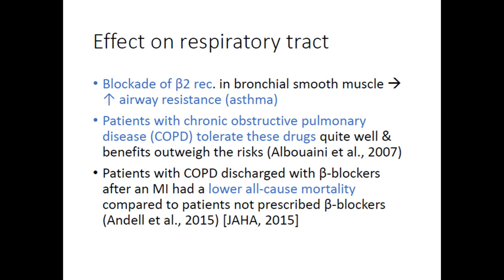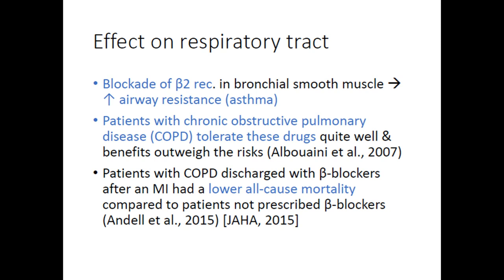Effect on the respiratory tract. If beta 2 antagonists are used, they cause the constriction of the bronchial smooth muscle and are responsible for the development of asthmatic symptoms. Patients with chronic obstructive pulmonary disease tolerate this drug quite well and the benefit outweighs the risks.